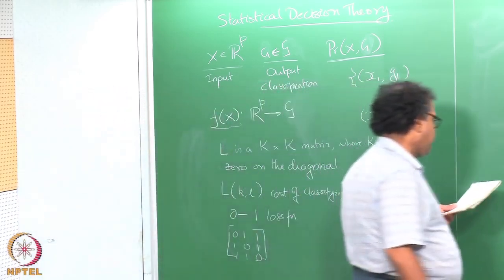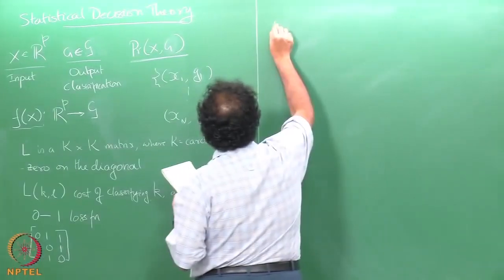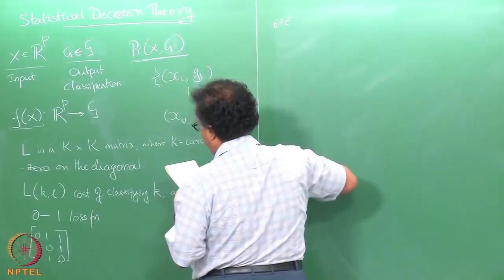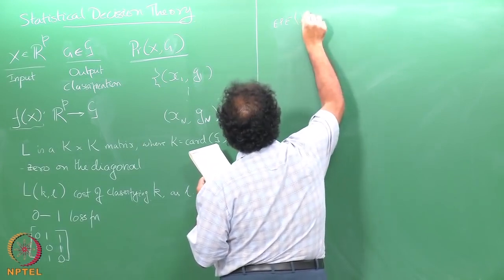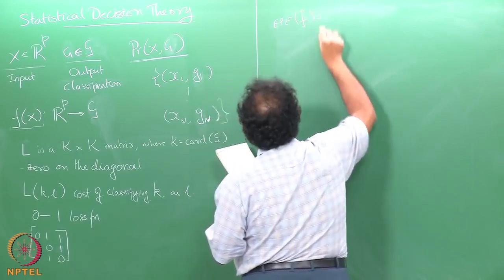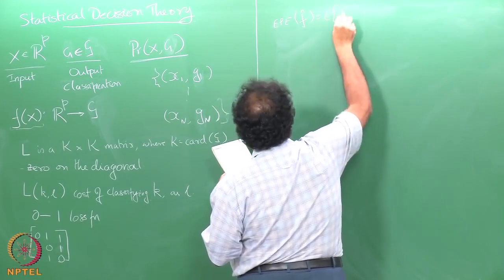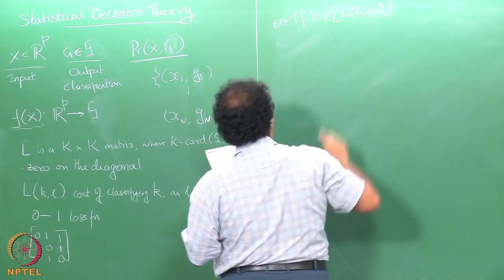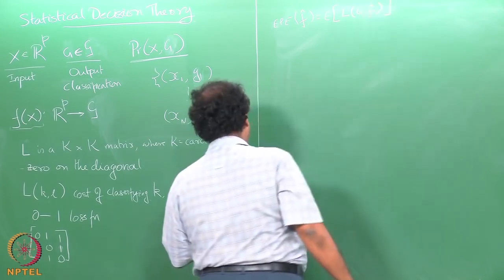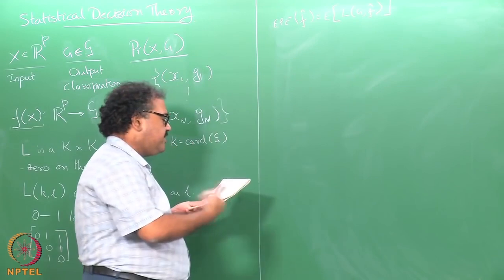So, what we are again going to look at is the expected prediction error of your f. And we can do the same thing that we did earlier.